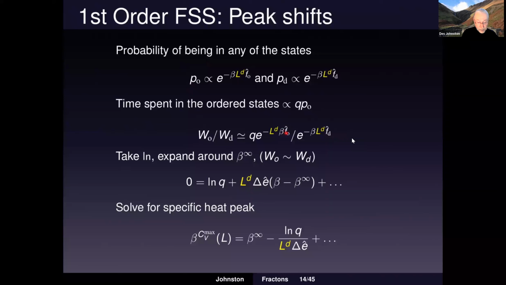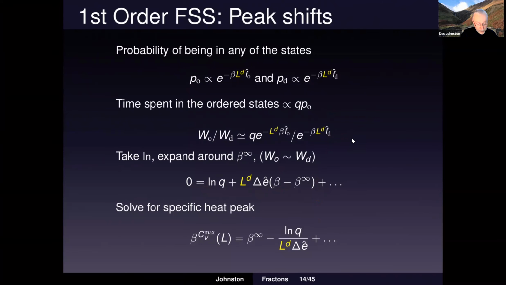And dF by d beta is just the energy. So if I take the log of this expression, Taylor expand it around the infinite volume transition temperature, I get this. And then I think of this as an equation for beta, which will be my estimate of where the transition temperature sits on my finite volume system. So take these two terms, solve it for beta, and I get this.